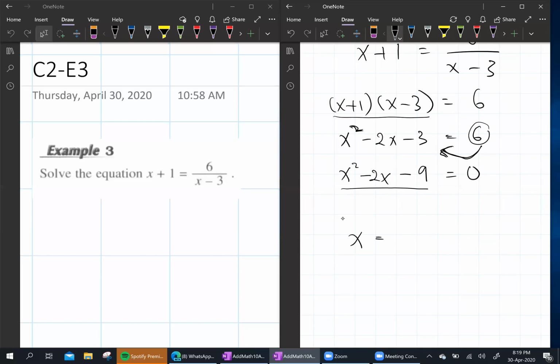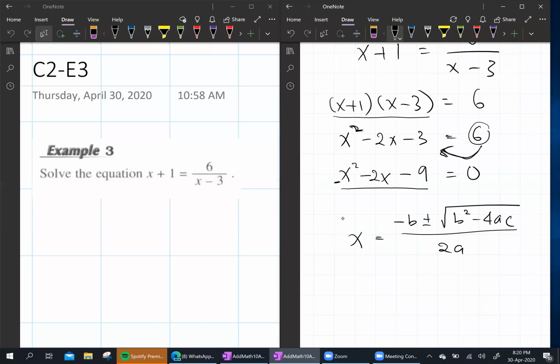x equals minus b plus minus root b squared minus 4ac, over 2a. You have to use this formula. You know how to use this formula or not? Not really. Anything beside the x squared is a.